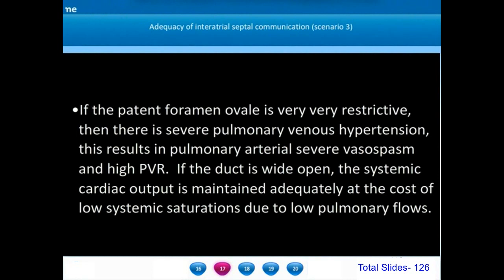If the duct is wide open, the systemic cardiac output is well maintained, but these patients will have very low systemic saturation due to low pulmonary blood flows. The reduction in the pulmonary blood flow is caused by high persistent fetal pulmonary vascular resistance, similar to the situation of persistent pulmonary hypertension of the newborn.